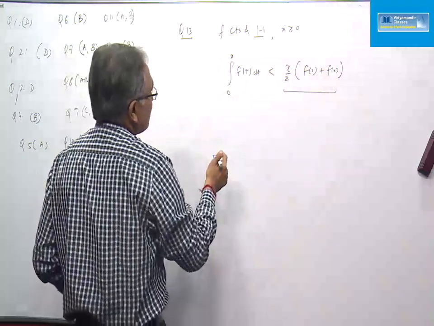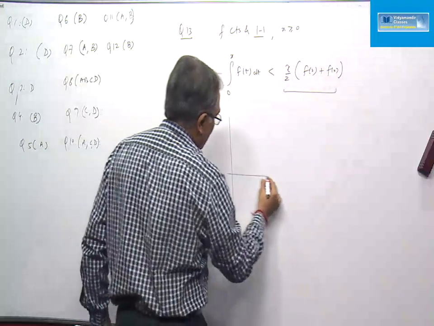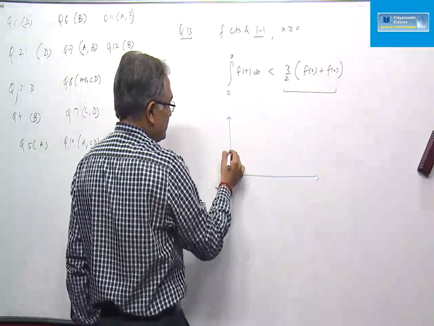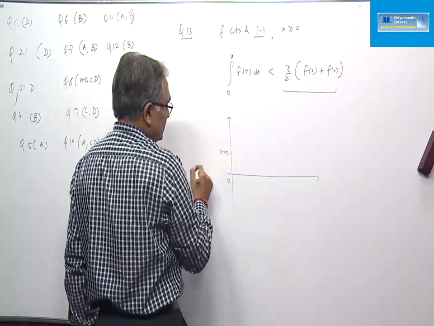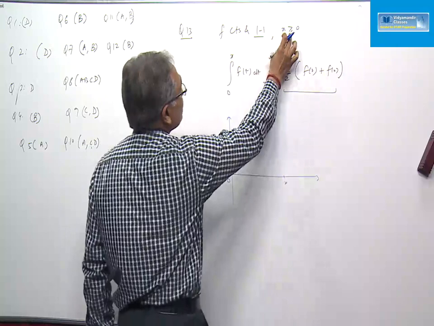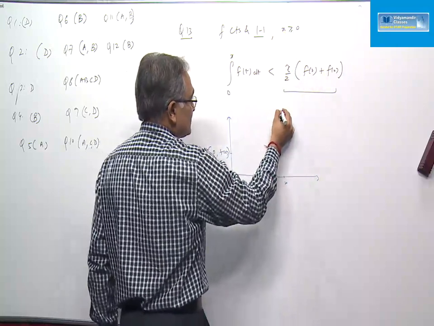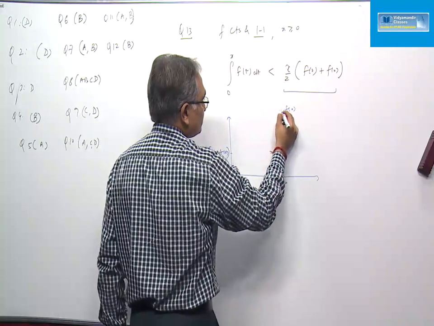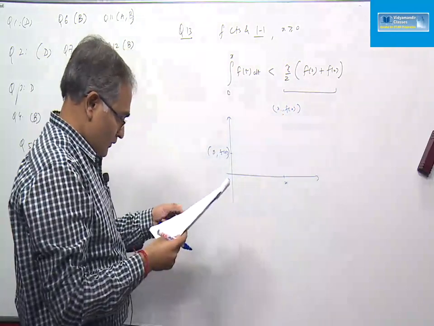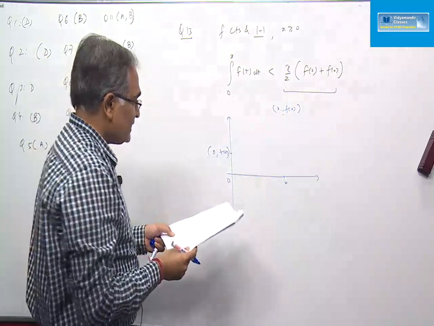Now let's come to the graph of this. Let's say at 0, f(0) is here somewhere, and at x, which is more than 0, f(x) is here. It's given that it is continuous and 1-1.